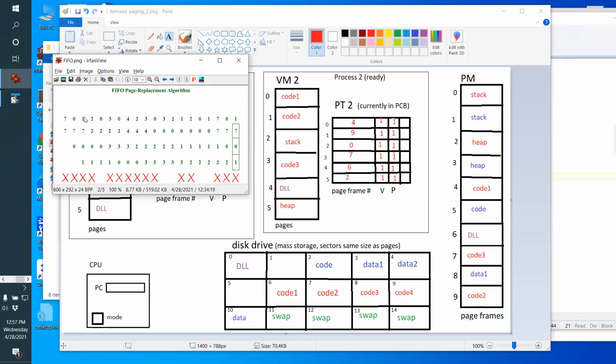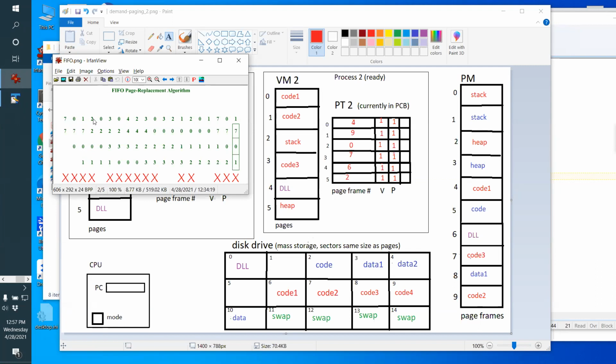And then you access page 1, and it's brought into frame 2. Now page 7 is sitting here in frame 0. Page 0 is sitting here in frame 1, and page 1 is sitting here in frame 2. And these X's mean that those were page faults because you had to copy this guy into here, copy this guy into here, copy this guy into here.